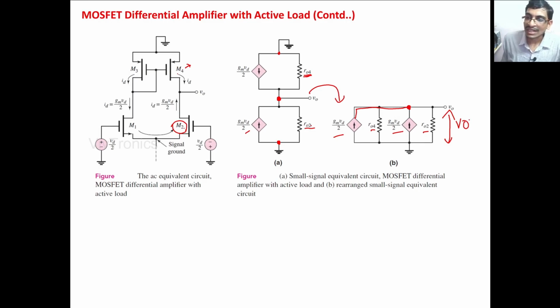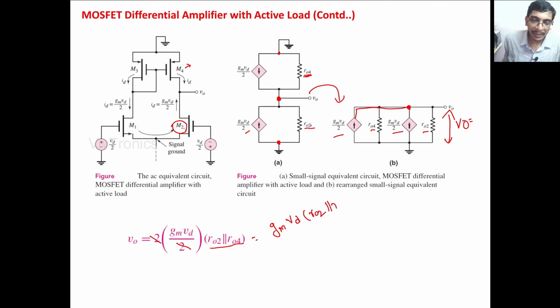Therefore, we can write output voltage is equal to the current into resistance, which is 2 gm vd by 2 into r02 parallel r04. Therefore, v0 will be equal to the total current, 2 into gm vd by 2, into r02 parallel r04. In this equation, we can cancel the 2. Therefore, the output voltage will be equal to gm vd into r02 parallel r04.